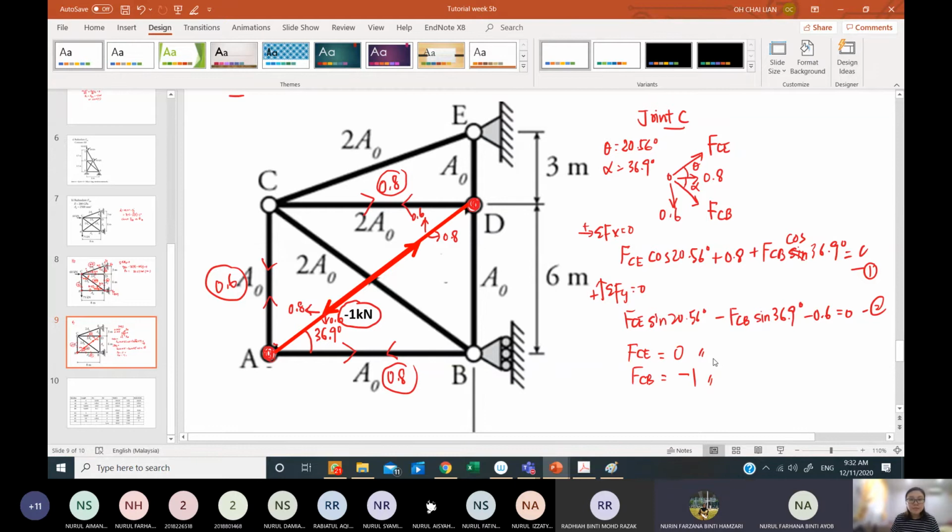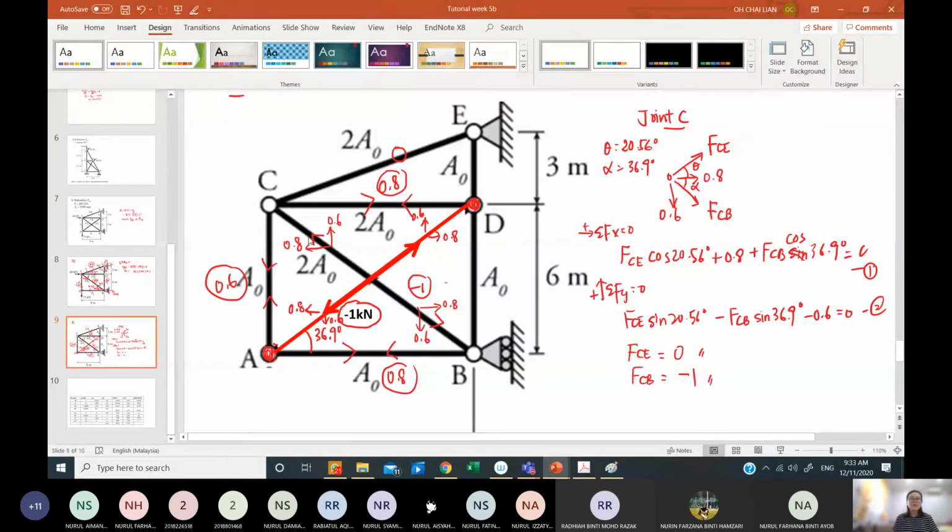Yes, FCE is 0, so I just put 0. This one is 1, and this is minus 1. So I believe that this is also the same as 0. This should be 0.8, this is 0.6. Can you check back? This is 0.6 and this is 0.8.